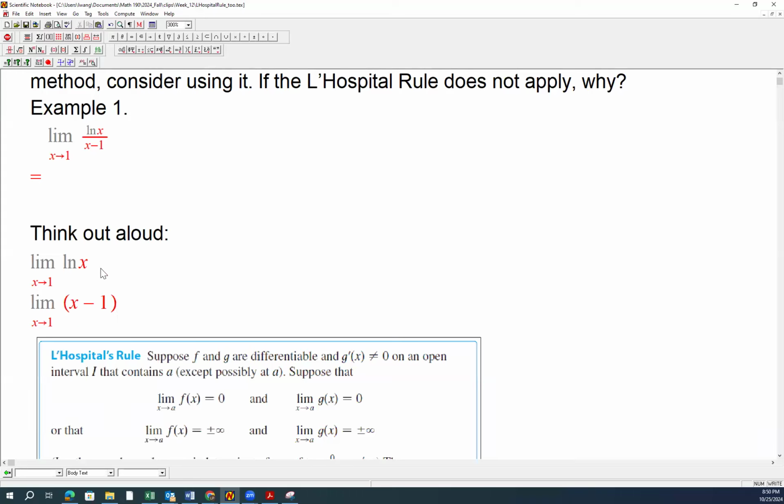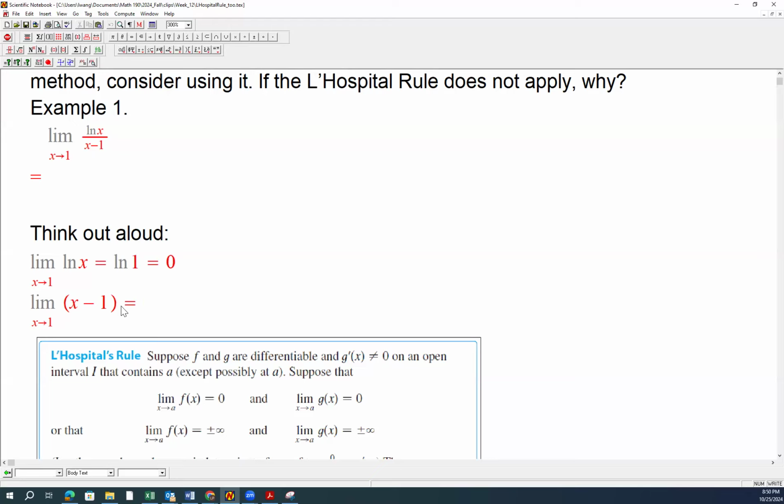When x is approaching 1, ln x is continuous at 1. The domain of ln x is x greater than 0. By the continuity properties, the logarithm function is continuous in its domain, and 1 is in the domain. Therefore, this is just a direct substitution: ln 1 is equal to 0.